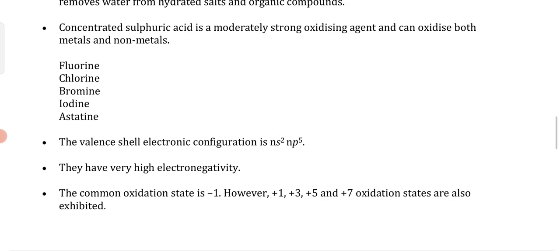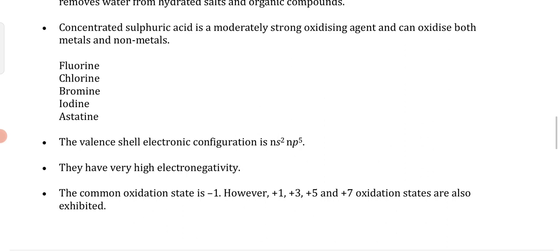If they can take 1 electron, they will get an octet, or the nearest noble gas electronic configuration. That is why their tendency is to add 1 electron in their valence shell, and that is why they have very high electronegativity.